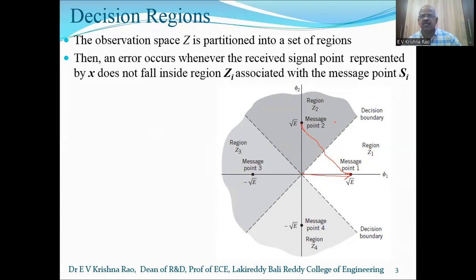If the received vector lies in a region other than Z1 when message point 1 is transmitted, because of the noise vector, the received vector lies somewhere in another region. So there is a possibility of getting error.